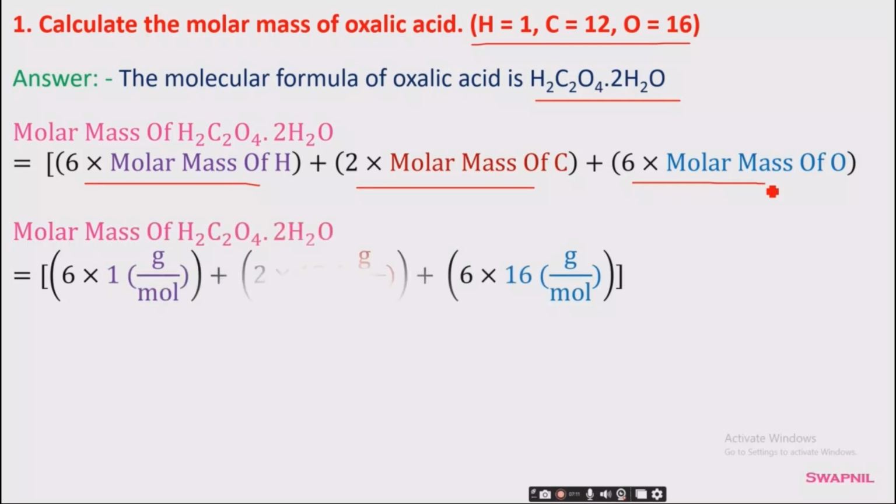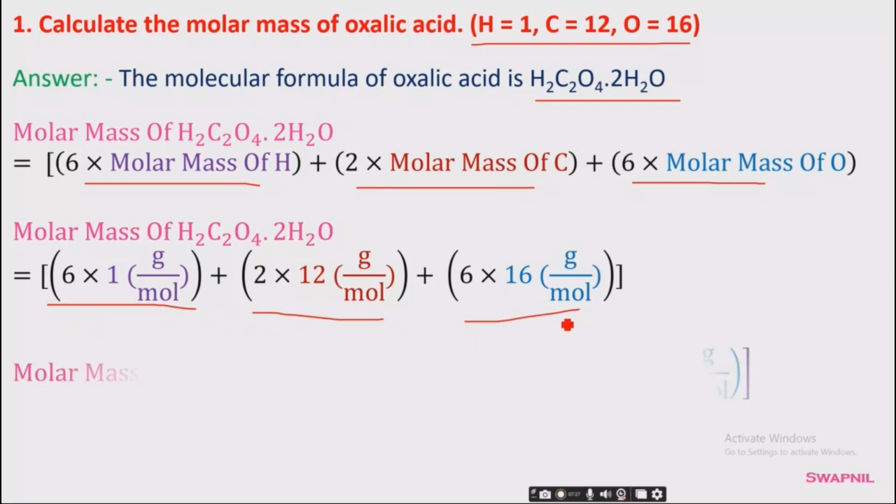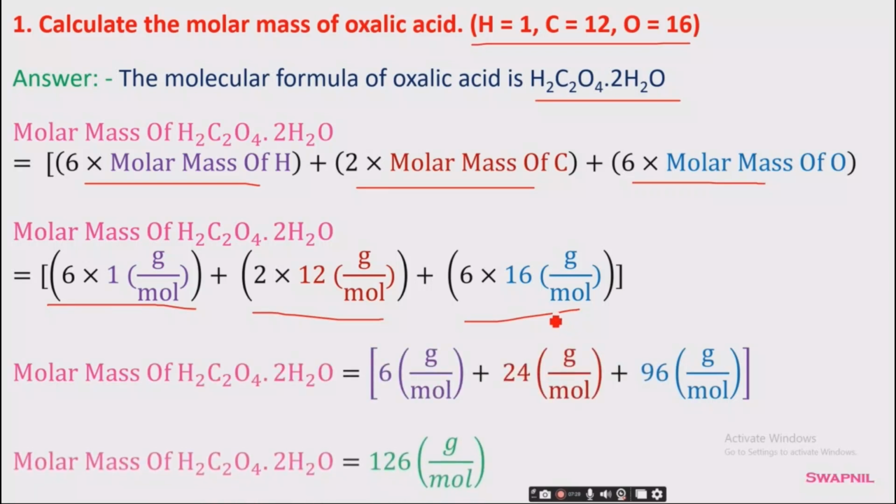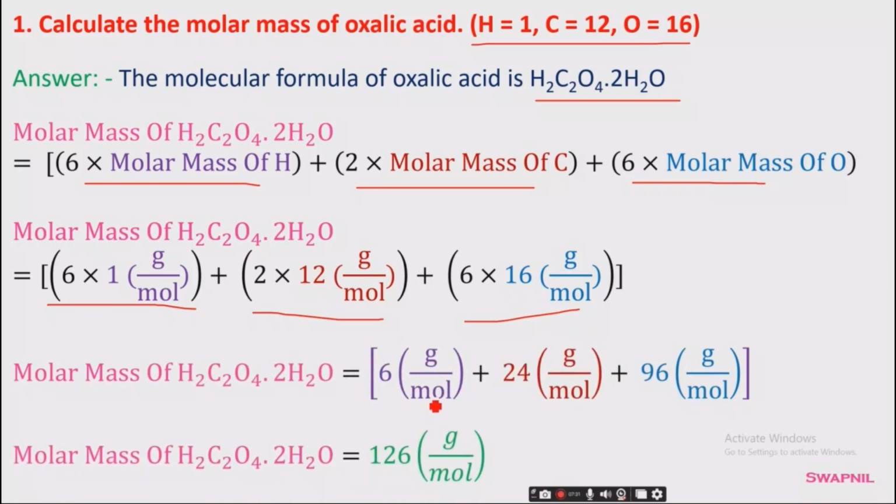So by substituting these values of molar mass of H, C and O atoms, we get molar mass of oxalic acid is equal to 6 into 1 gram per mole plus 2 into 12 gram per mole plus 6 into 16 gram per mole, and by doing the calculation we get the molar mass of oxalic acid is equal to 126 gram per mole.